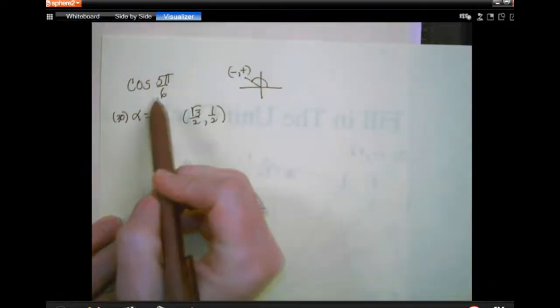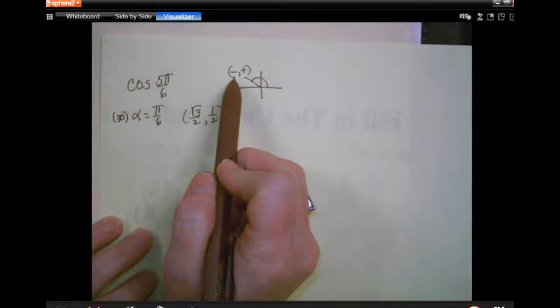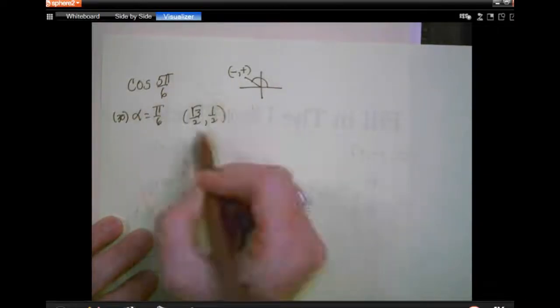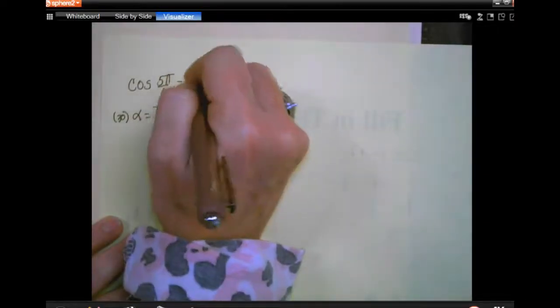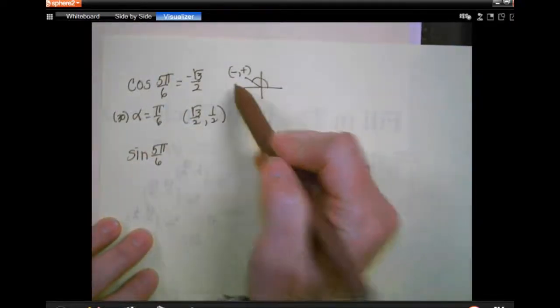So is the cosine the x value or the y value? X. And you just told me the x was negative. So the cosine of 5 pi over 6 is negative square root of 3 over 2. The sine of 5 pi over 6, the y value is positive, so it's 1/2.